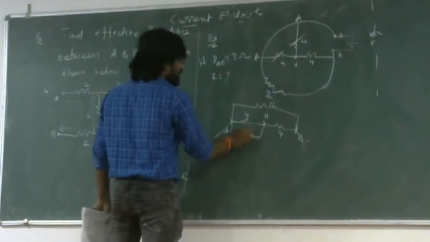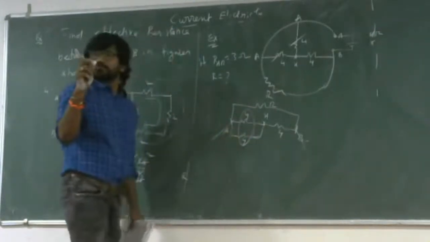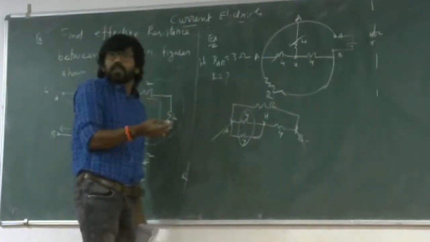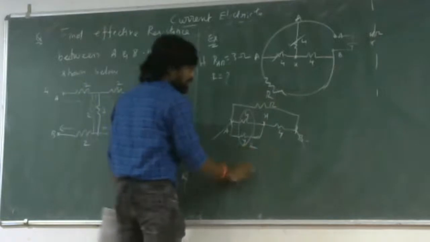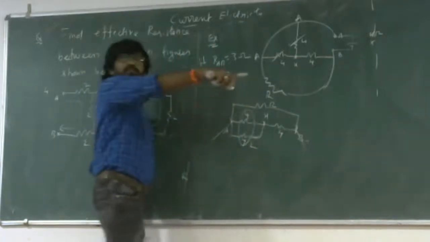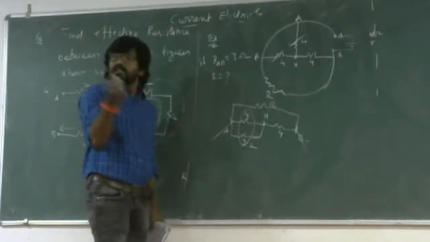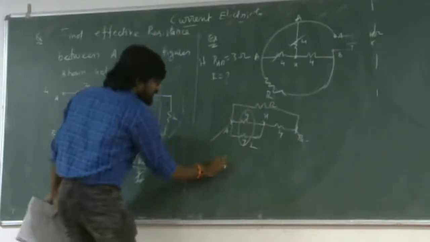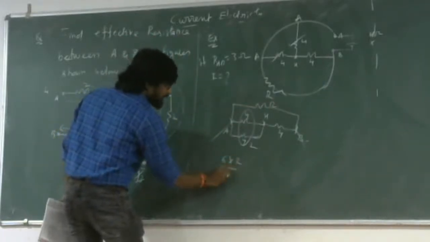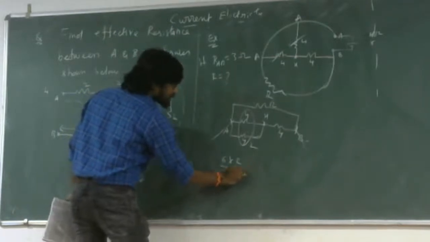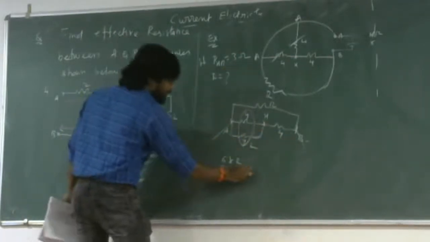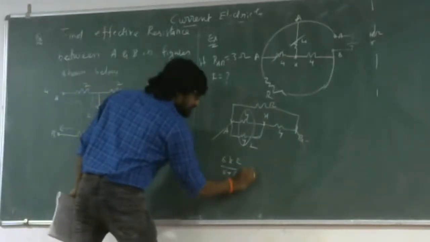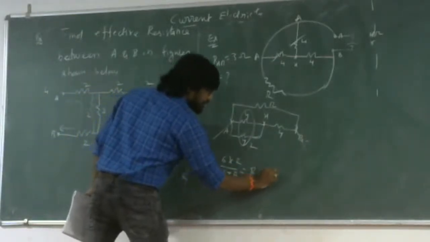They are in parallel, so reduce this to one. 4 by 2 is 2 ohm. This 2 and this 4 will be in series, so 2 plus 4 is 6. And 6 is in parallel with R. So 6R by 6 plus R is equal to RAB, and RAB is equal to 3.